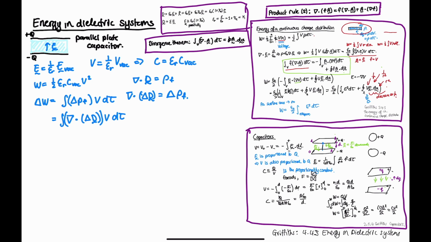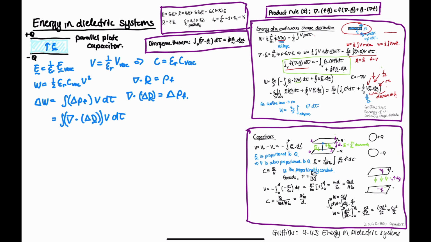Here we've got the divergence of a vector times a scalar. That's the same as what we've got here, where F is V and delta D is A.